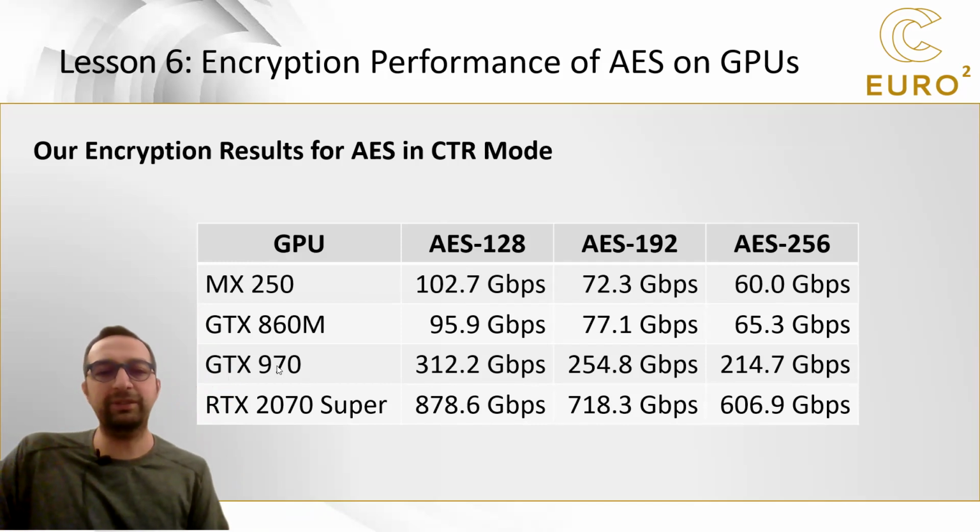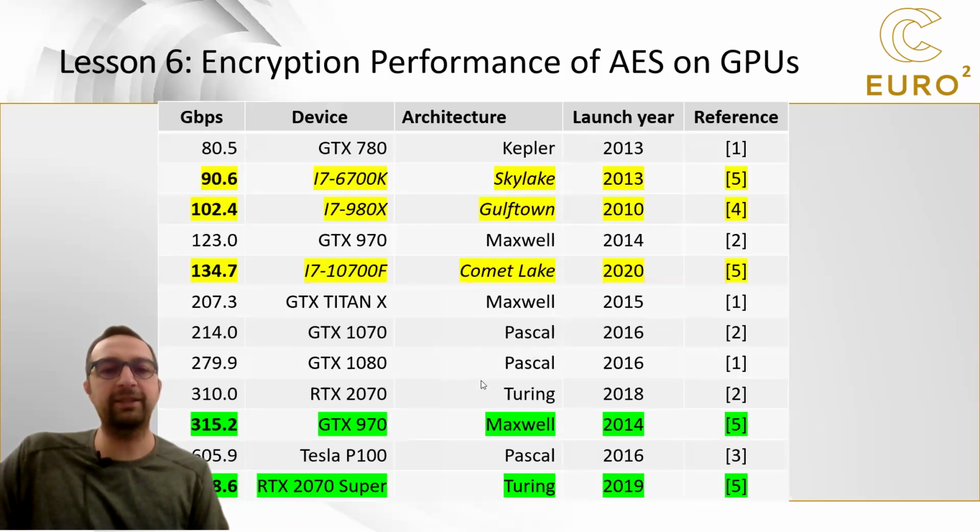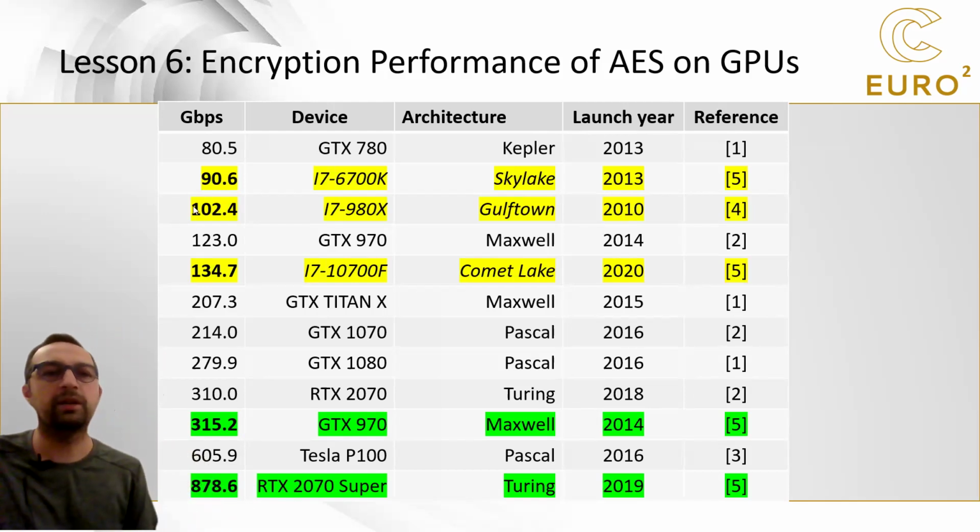So let's only take these two GPU results for AES-128 and put it in the previous table. The green ones are the ones we achieve. As you can see, our result is the highest with respect to gigabits per second. But an important thing is that our result on a GTX 970 achieves 315 gigabits per second.